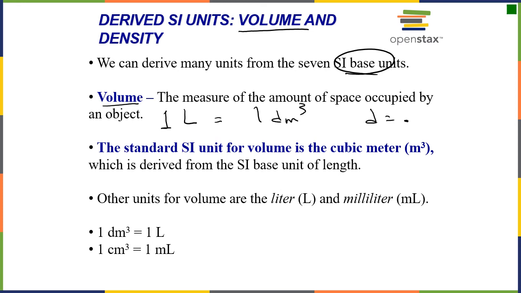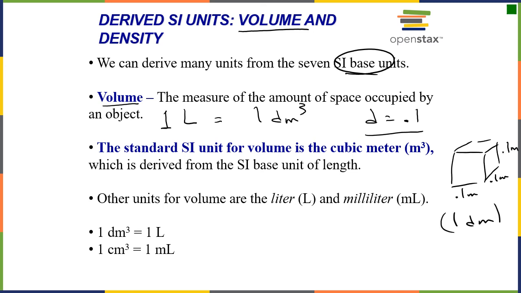A deci is 0.1. So if I take a volume, by the way, volume is length times width times height, of 0.1 meters times 0.1 meters times 0.1 meters, I will get 1 decimeter cubed, which is going to equal a liter.